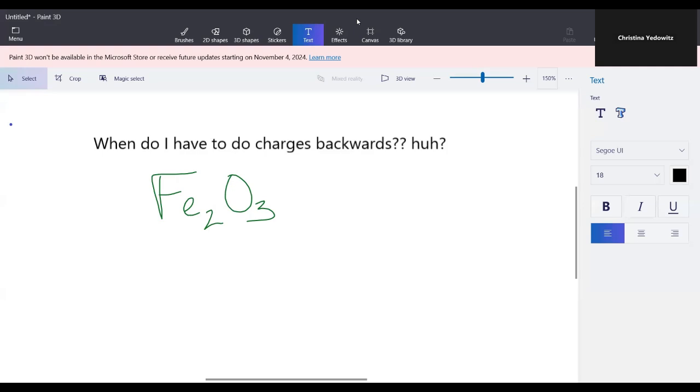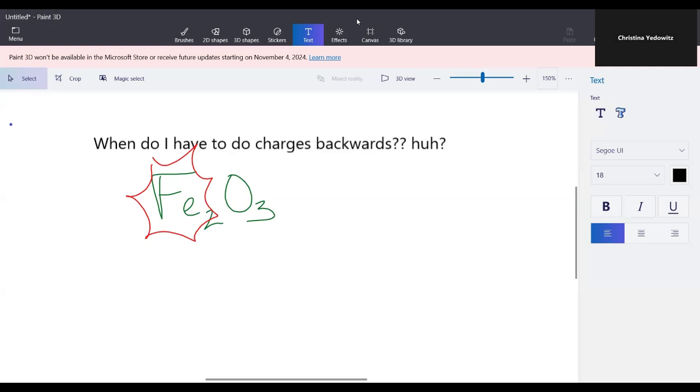And that means extra steps for you. The very first step is to recognize that this is a metal that could have more than 1 charge. How do you know? It's probably in the transition metals, or it's one of the 3 exceptions: lead, Pb, bismuth, Bi, or tin, which is Sn, a nice Latin name just like lead. Those ones you have to write Roman numerals when you do the name.